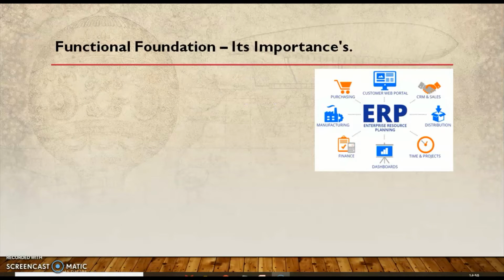So if one wants to learn about any of the ERP products, be it SAP, Oracle or Microsoft products or any other ERP product, one needs to have business functional knowledge. Generally it is considered that after a couple of years in the business domain, one will acquire this functional knowledge.